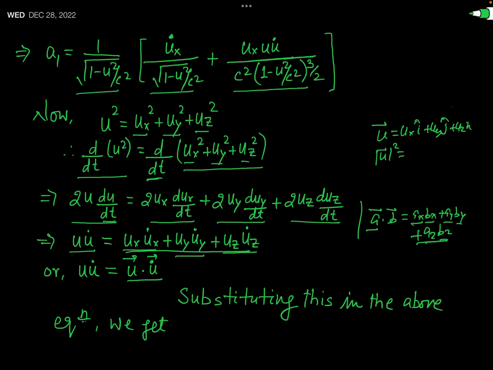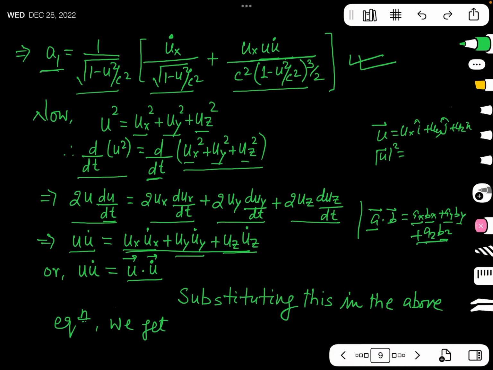Okay, so in this equation which we have obtained for the first component of the acceleration 4-vector, we will substitute u vector dot u dot vector instead of this u times u dot, and substituting that, you can easily see the result.